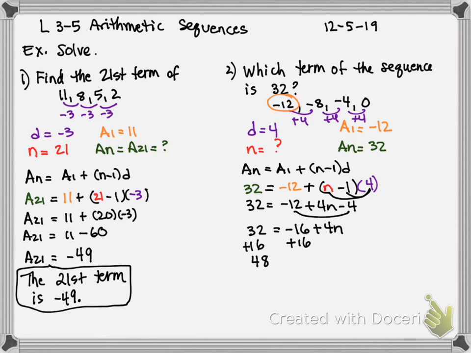That gives me 48 equals 4n. I'm going to use the symmetric property and rewrite it as 4n equals 48. And then to get the n completely alone, inverse operations, I'm going to divide both sides by 4, and I get n equals 12. So my answer is 32 is the 12th term.